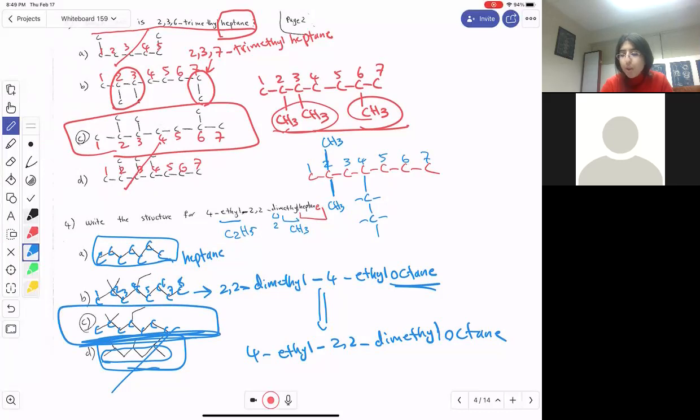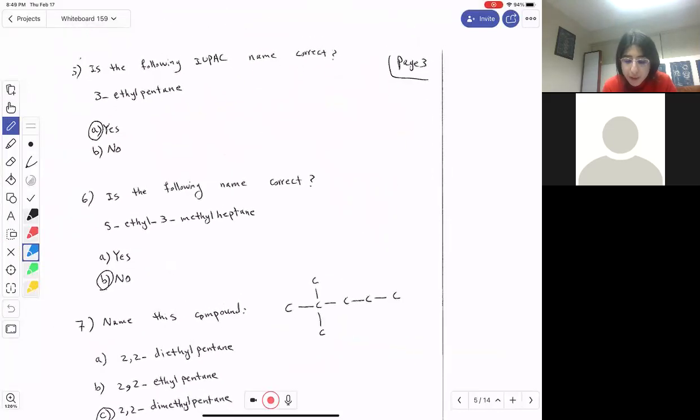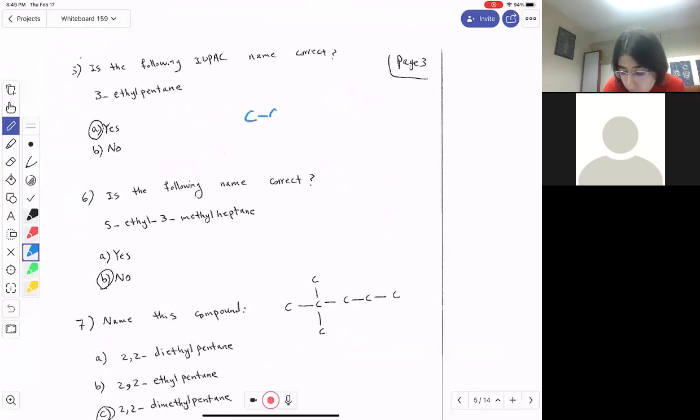But remember, you can have branches through here or two at the same site. Don't get confused. These are 2 methyls. This is 1 ethyl. Okay, is the following IUPAC name correct? 3-ethylpentane. 1, 2, 3, 4, 5.